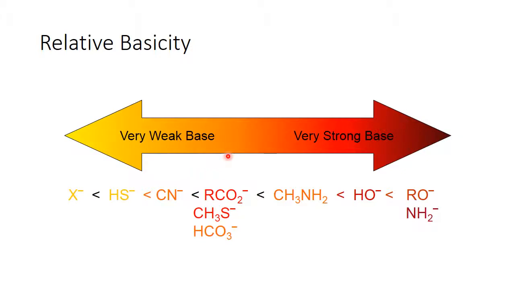So this is the relative basicity of nucleophiles. Over here, these are very strong bases. And so on secondary carbons, they're going to cause E2 to occur. On a primary carbon, most likely they'll do SN2. However, over here, these are very non-basic.